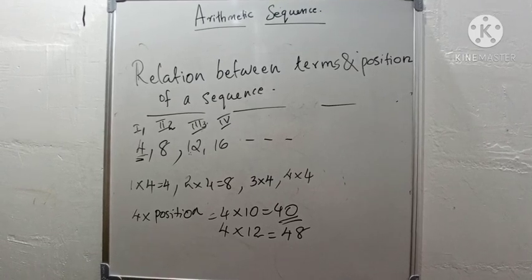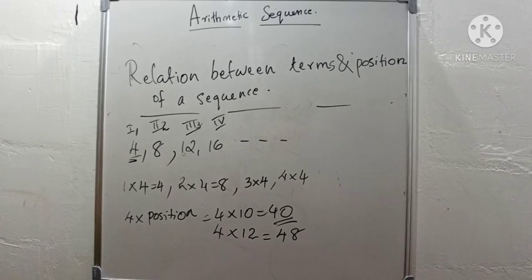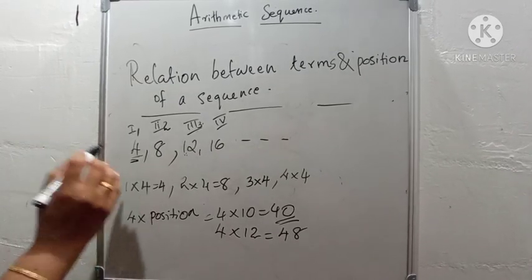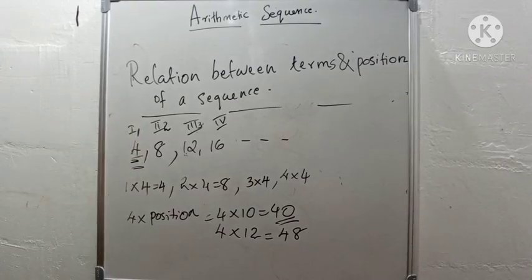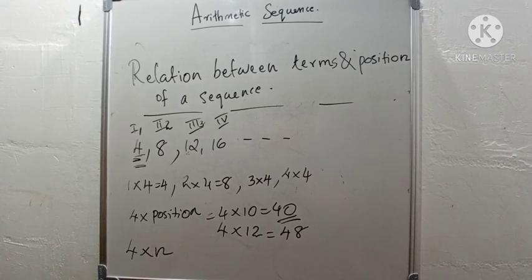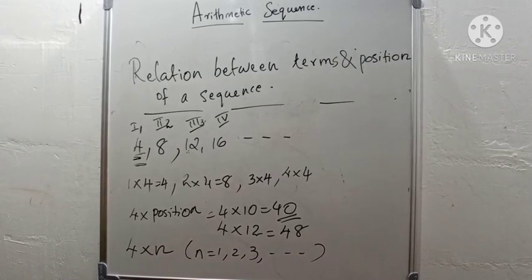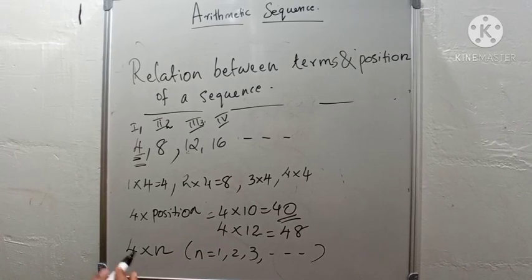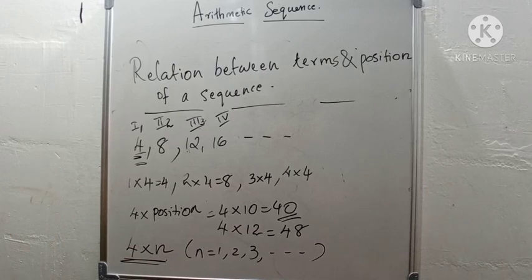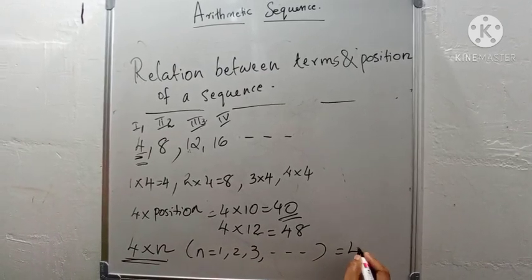If n is the position of the number, then the equation of this sequence is 4 into n, where n is equal to 1, 2, 3, etc. That is the general form of this sequence: 4 into n, or 4n.